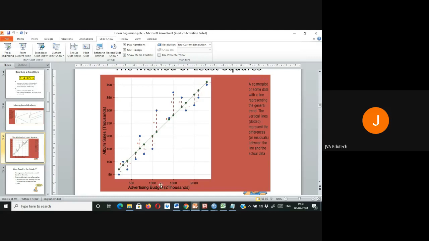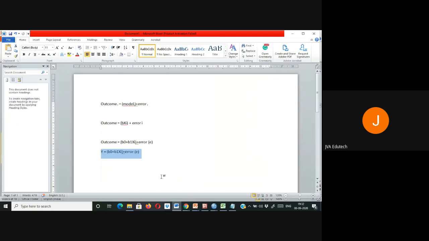You can write the equation with residuals as error terms. Since you cannot predict anything perfectly, your entire model will be B0 plus B1xi plus an error term, which is your residuals.